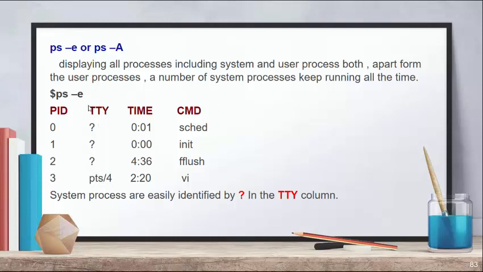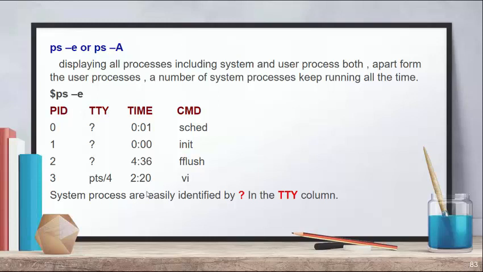See over here in the TTY column, terminal name column में जहां जहां पे आपको क्वेश्चन मार्क दिखे, that process is known as a system process and the remaining processes are known as user processes. क्वेश्चन मार्क जहां पे होगा वो आपकी यूजर प्रोसेस नहीं होगी, वो आपकी सिस्टम प्रोसेस होगी, और उसके अलावा जो भी होगा वो आपकी यूजर प्रोसेस होगी. So over here in this example these 3 are the system processes, but this is my user process.